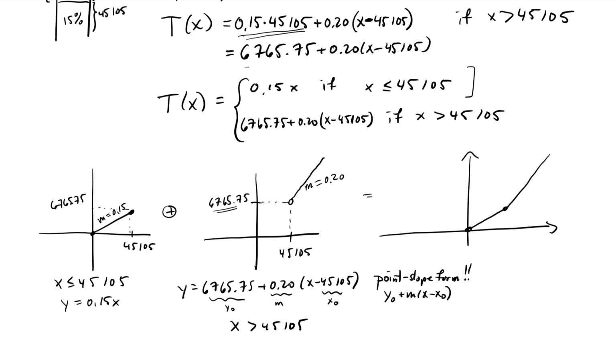Okay, so it's a piecewise linear function, and the slopes here correspond to your tax rates. In real life, the function actually has more pieces. Like I said, it changes again at 90,000. The tax rate is a bit higher, maybe something like 22%.